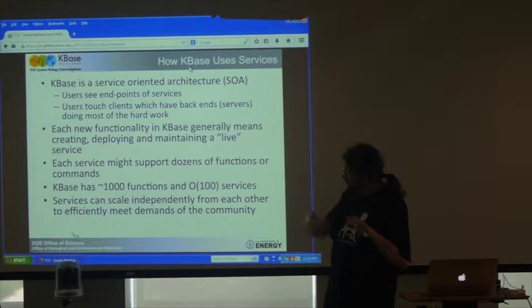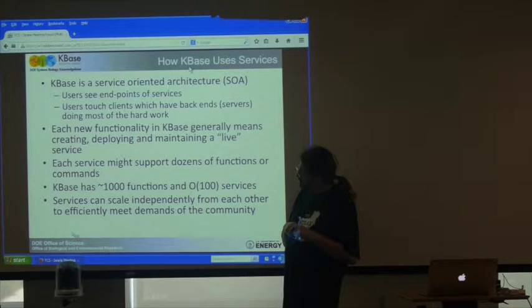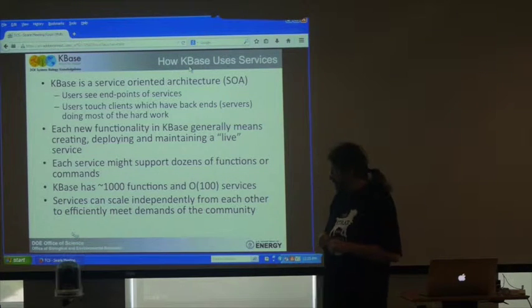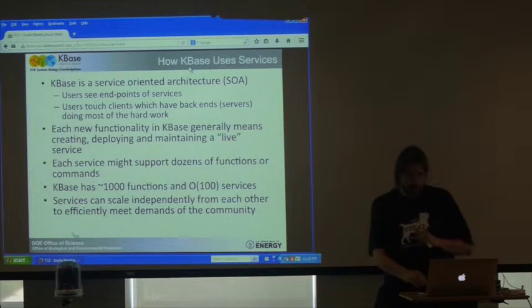We can expand resources for specific services. And it's also client server, so the services are implemented in this split fashion. And so when we were adding things to this, we set up and deployed new services. And each service might have a bunch of internal complexity to it. Right now there's about 1,000 functions in this thing, maybe 100 services. And I already mentioned that.